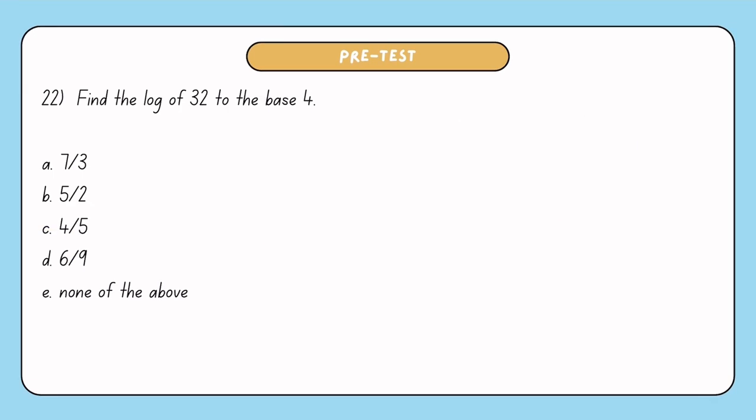Number 22, find the log of 32 to the base 4. So, sulat muna natin. Log 32 base 4 equals y. Tapos, remember na pwede natin i-write yung logarithmic form into its exponential form.